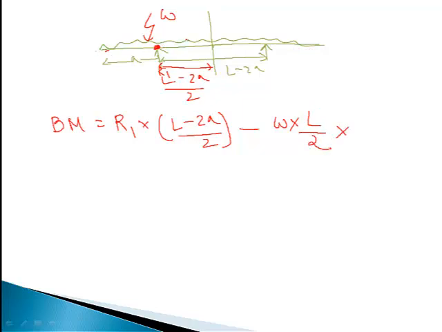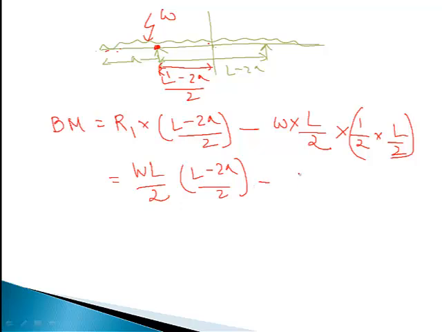At the CG of this length, so half of this length, okay. So you just go with the convenient method, so R1 is WL by 2, into (L minus 2A) by 2, minus W L square by 8, okay.